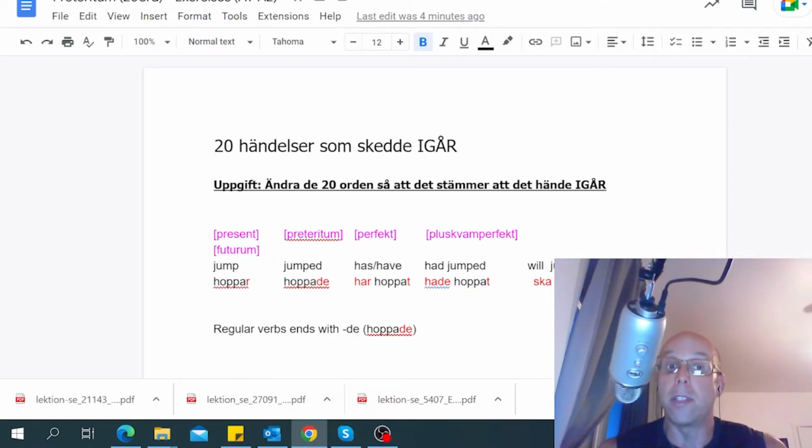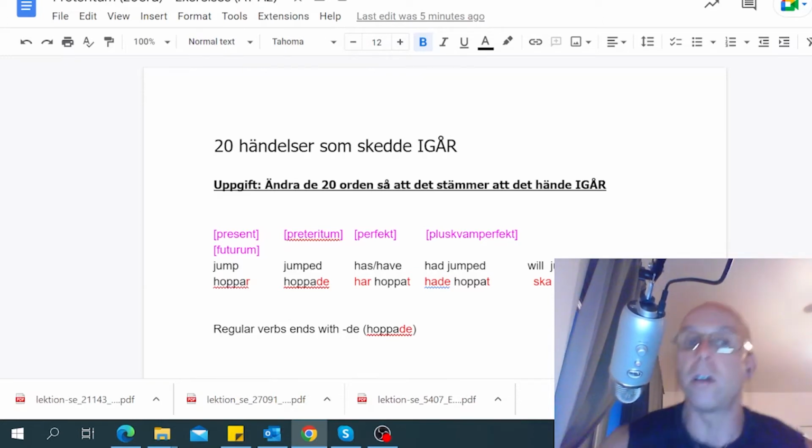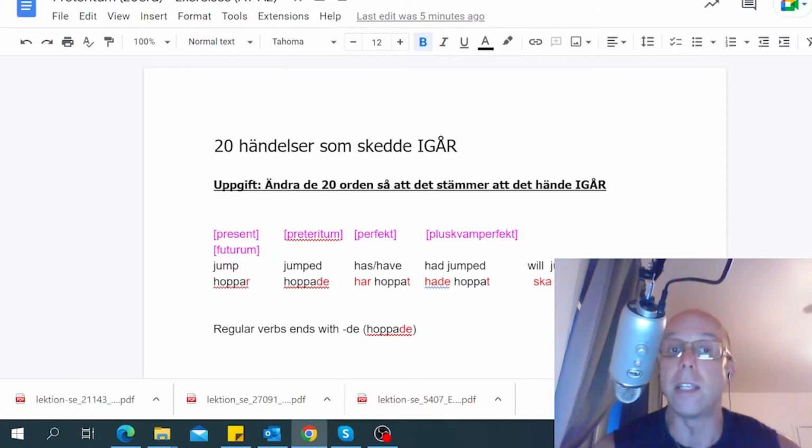So we have the present, presens, which tend to end with an R, almost all of them, except a few exceptions, which are like andas, to breathe, etc. But hoppa would be the present. Then we have the past, which typically is referred nowadays to preteritum. That used to be called imperfect, but nowadays we just say preteritum for the past tense in Swedish.